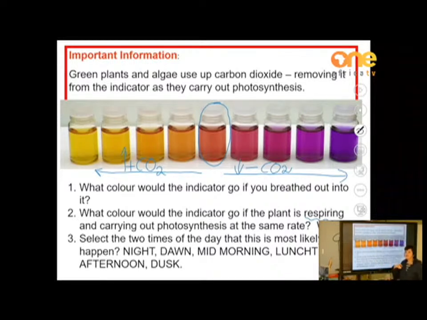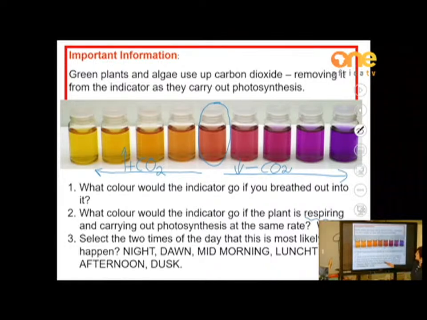And when I breathe out, I'm getting rid of the carbon dioxide. Please remember, respiring is the process where energy is released into the body and carbon dioxide is the product. And when I breathe out, I excrete the carbon dioxide.